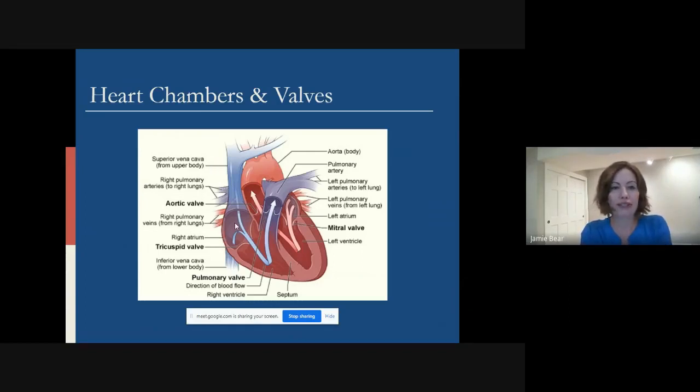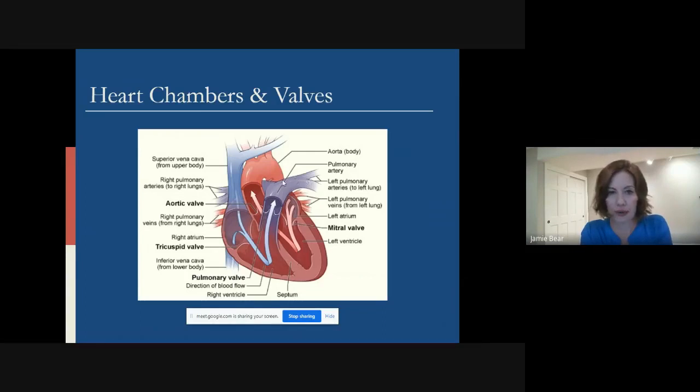It'll go into the right atrium. It'll get pumped through this tricuspid valve. It'll move down into the right ventricle. Then it'll get pumped through the pulmonary valve. It'll go through the pulmonary trunk to the pulmonary arteries.